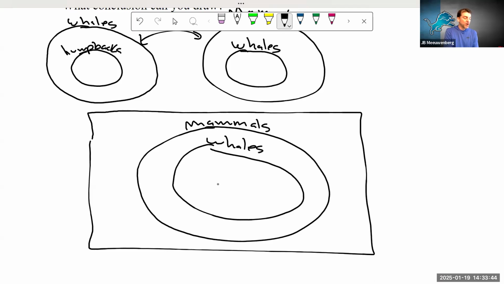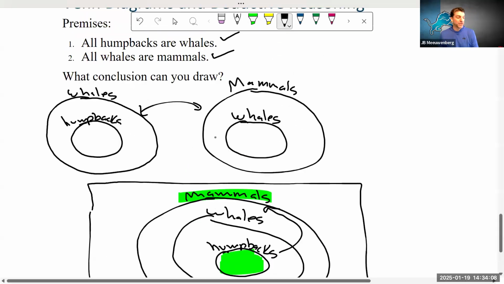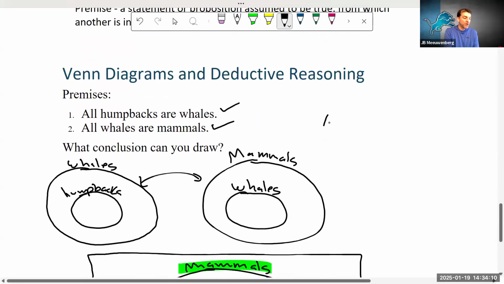And inside whales are all of our humpbacks. So the question is, what conclusion can we draw? Well, all of our humpbacks exist in here, inside whales, which is inside mammals. So could we then conclude that all humpbacks are also mammals? Absolutely. What conclusion can you draw?